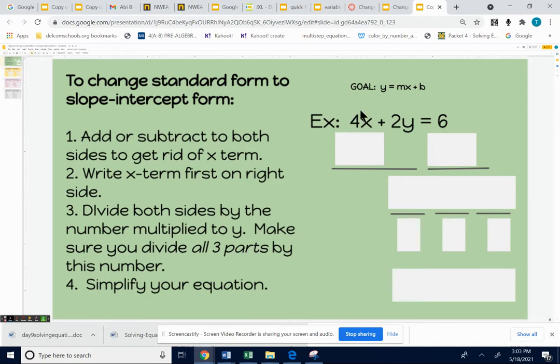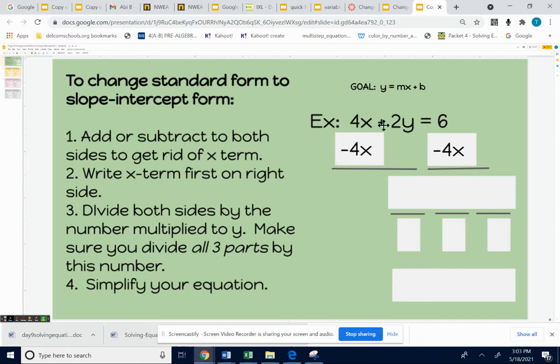We have 4x added to 2y, and we want to get rid of what's added first. So to get rid of an added 4x, and again, this is going to look strange to you, we're going to subtract 4x from both sides. That's legal. It looks strange, but that's just what we do.